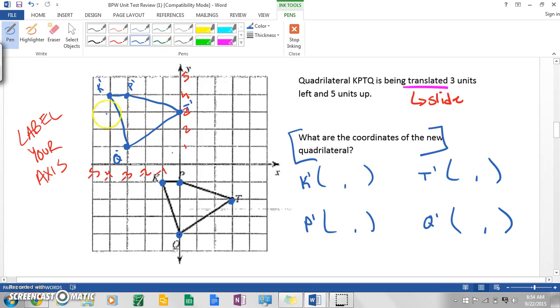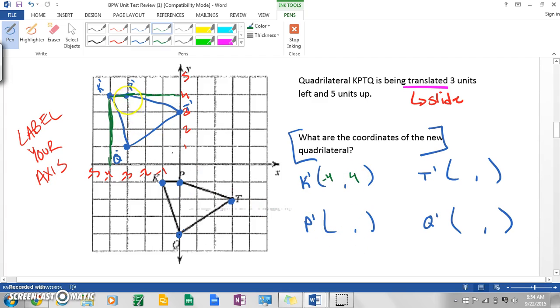Let's go through and identify K prime. Okay. Let's move over here. K prime, we have one. We moved over -4. Oops. And then to the right, up 4. So our K prime here is at -4, 4.